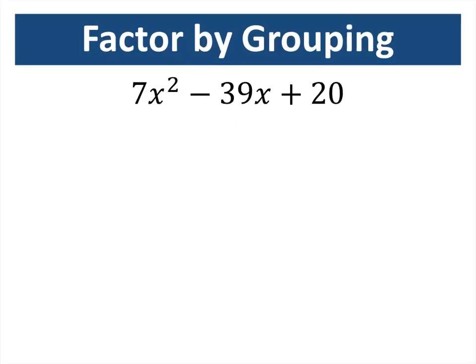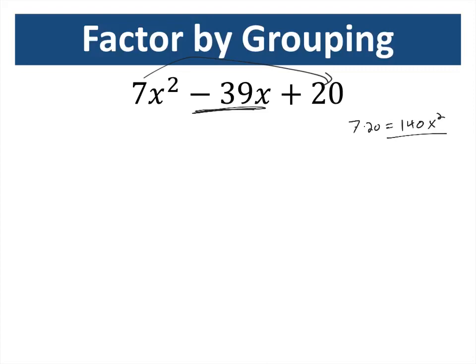One more factoring by grouping, so we'll actually do this. Remember last time we were looking for things that multiplied: 7 times 20 is the thing that's our diagonal. So we're looking for 7 times 20, which we found out was 140. We're thinking of things that multiply to 140x squared that also add to negative 39.